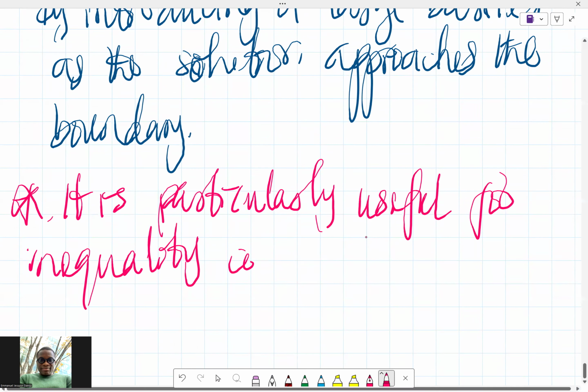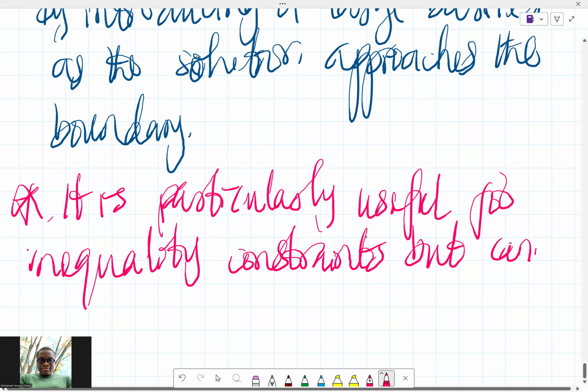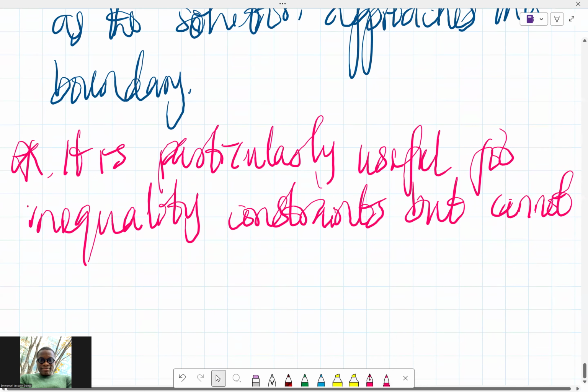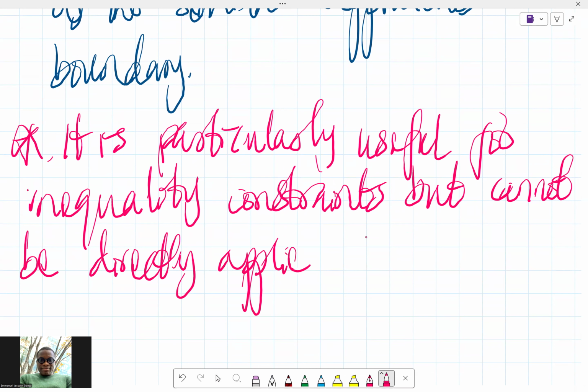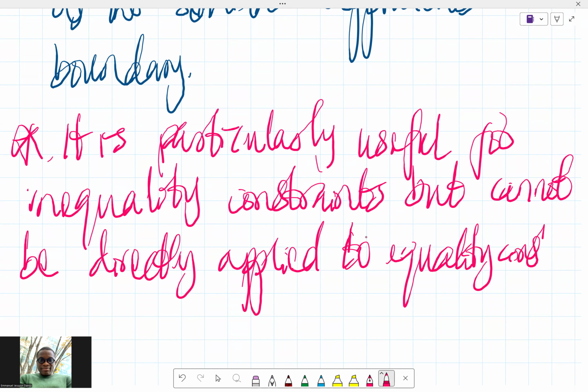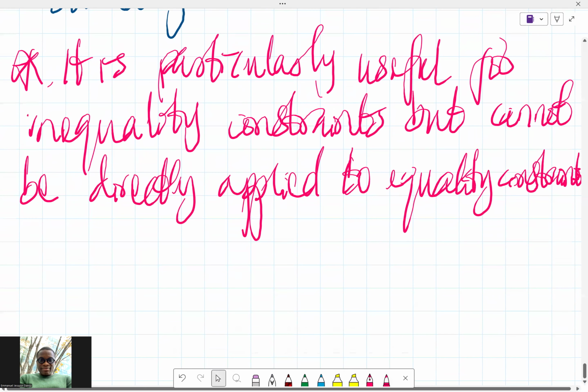It is particularly useful for inequality constraints, but cannot be directly applied to equality constraints.